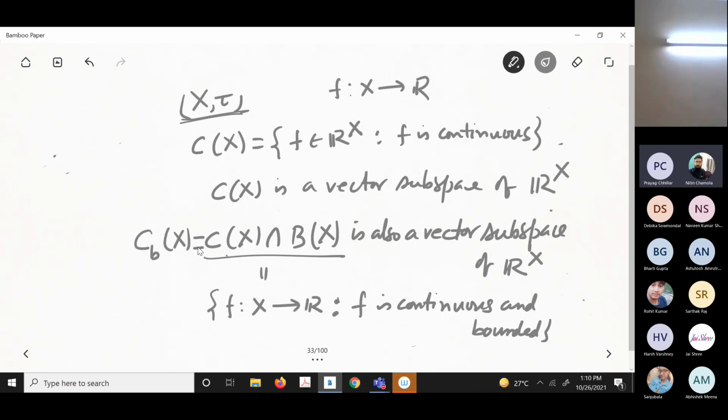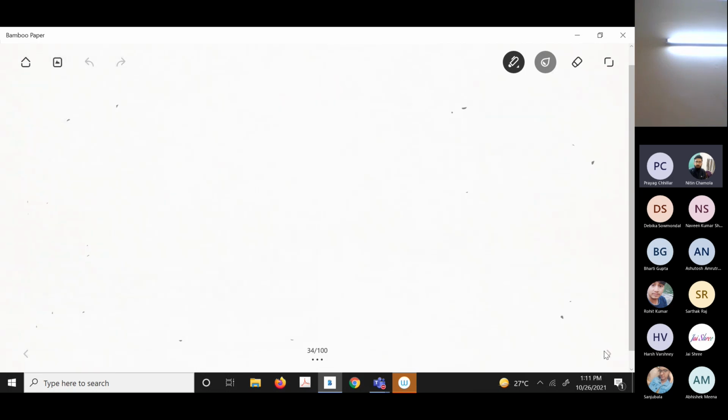Yes, C for continuity and B for bounded, CB(X). So this is a subspace. But not only that, since on B(X) I have, it's just an intersection. So particularly CB(X) is a vector subspace of B(X).